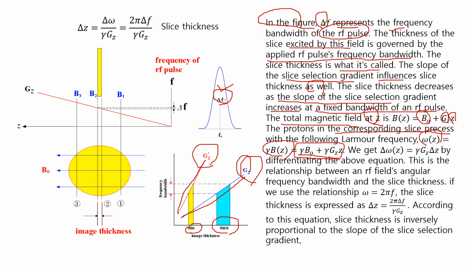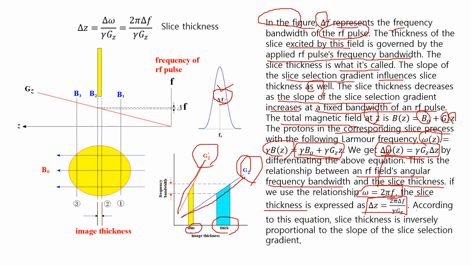If we differentiate this equation, we can get this equation. This is the relation between the RF pulse's angular frequency bandwidth and the slice thickness. If we use the relationship omega equals 2 pi f, we can put this here, and then the slice thickness is expressed by this expression.